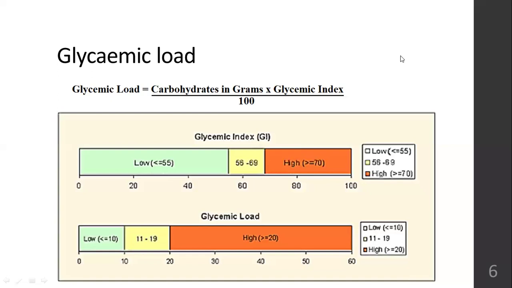But when you have a meal, you are having maybe 30 grams of some salad, 100 to 150 grams of rice, 200 grams of some legumes or pulses.